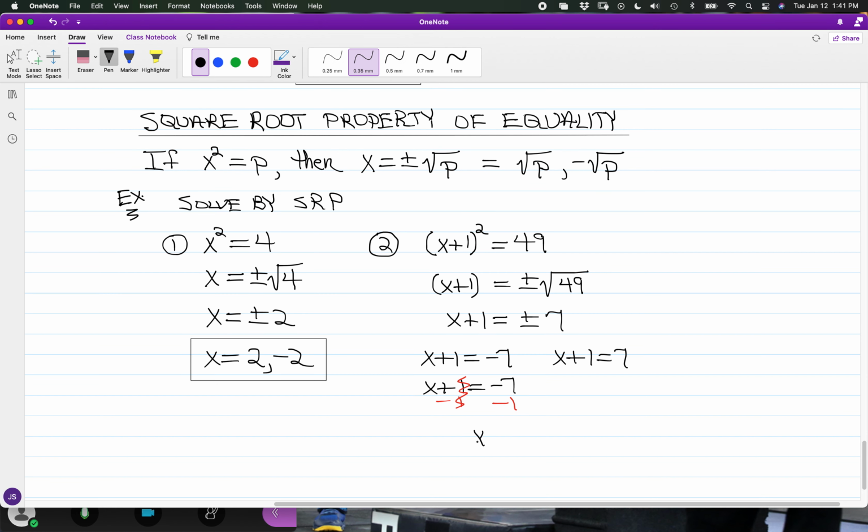And here we're going to have that x is equal to negative 7 minus 1, which would be negative 8. And on the other end, if x plus 1 is equal to 7, and I take 1 away from both sides, we'll have x is equal to 7 minus 1, which will be 6.